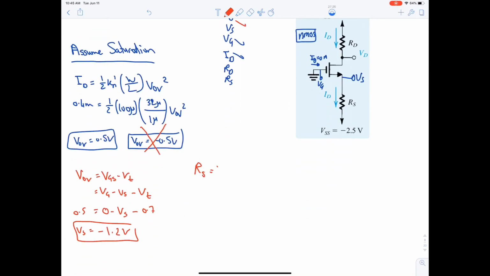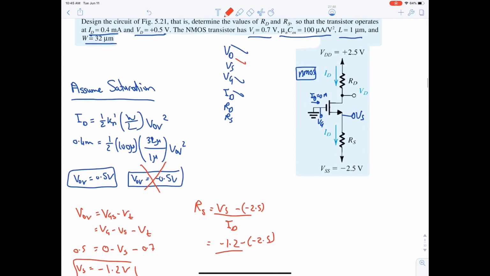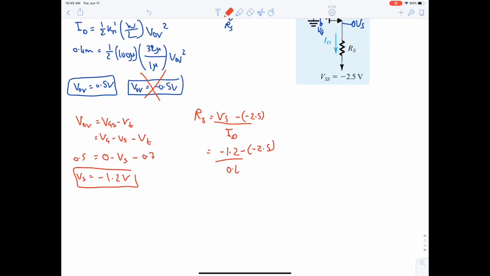RS is equal to VS minus 0 over ID. VS is minus 1.2 divided by what? Oh, sorry, it's minus 1.2, not minus 0, minus 2.5 divided by ID, which is 0.4 milliampere. This will give us RS equal to 3.25 kilo ohm.